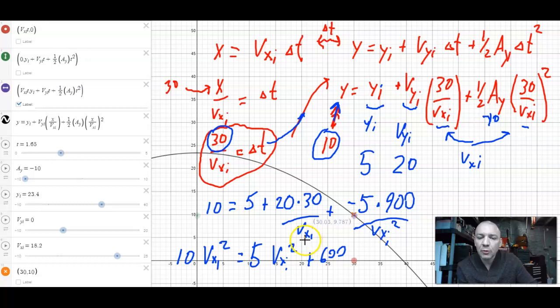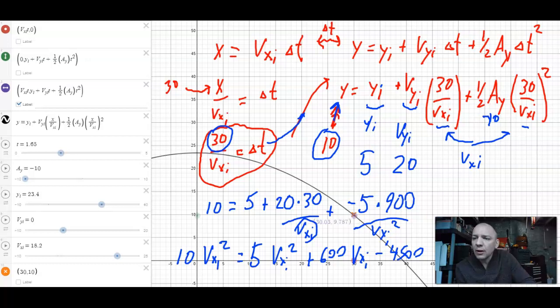And we multiply by vxi squared. One of them's canceled out by the vxi on the bottom, so we just get one vxi left on top. And then we have minus 5 times 900 would just be 4,500. All right, so this is looking like a nicer equation, just a quadratic.